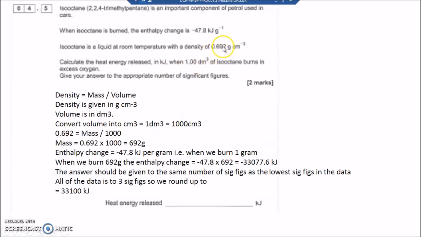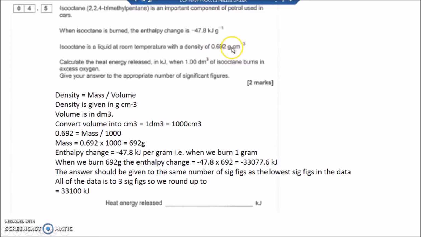Why are we given density? Well, density is mass over volume. That's the only equation we know, and that must be the equation to use if we're given density. Otherwise they wouldn't give us density. Look at the units of density. It's in grams and centimeters cubed, so the volume needs to be in centimeters cubed to match.